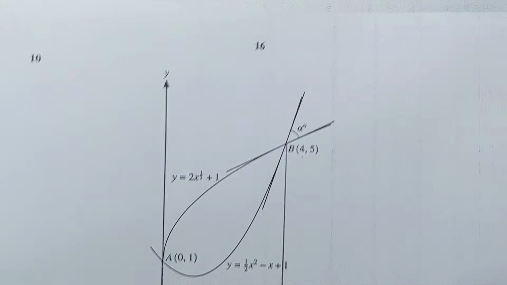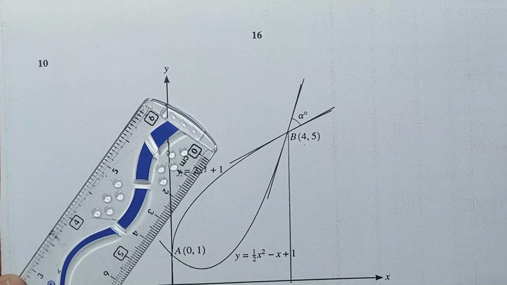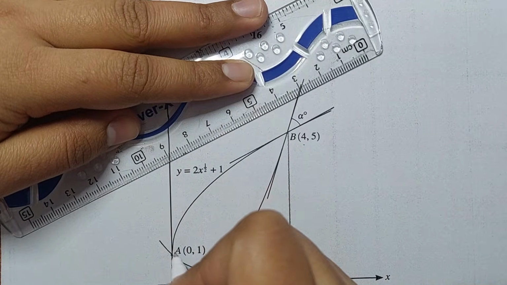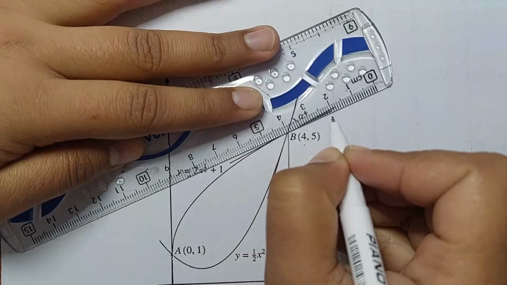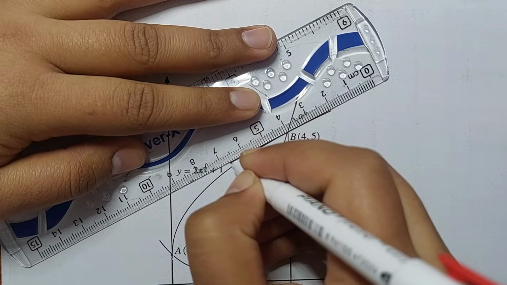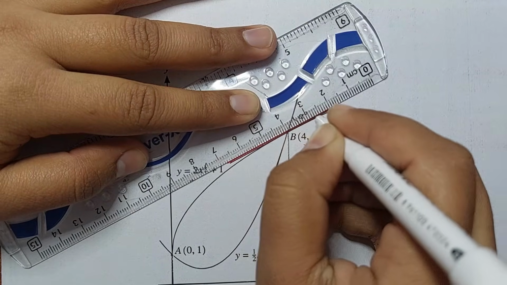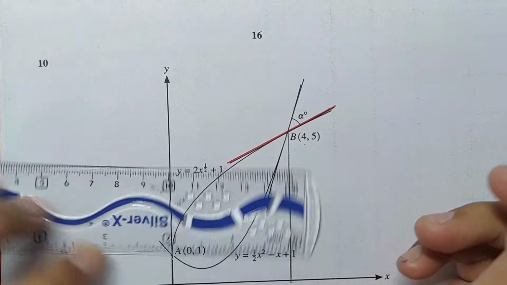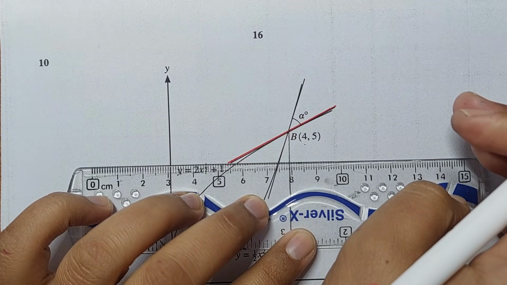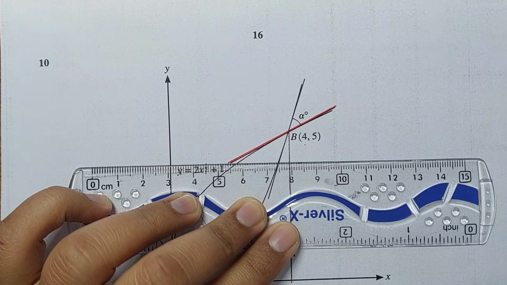So what is a tangent basically? As you can see, I'm using two different color pencils. This is the upper curve, and this is the tangent to the upper curve at point B, this red one. This tangent makes an angle with the x-axis. So let me draw the x-axis.